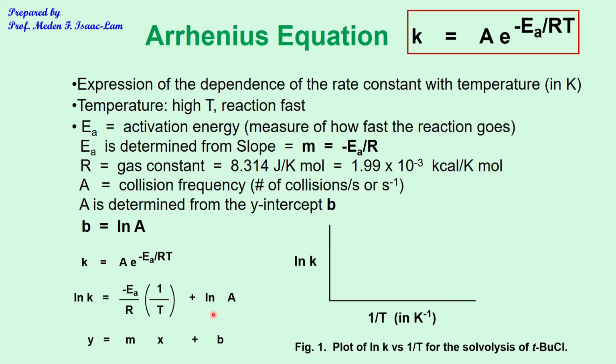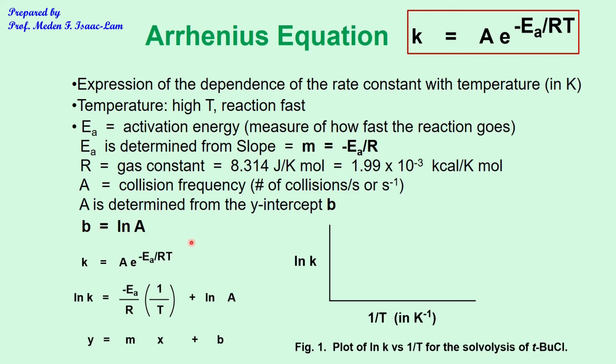To get the y-intercept from the equation, it's going to be B, and that's going to be equal to ln A. To get A, which is the collision frequency, you get it from the y-intercept. So A is going to be equal to inverse ln B.